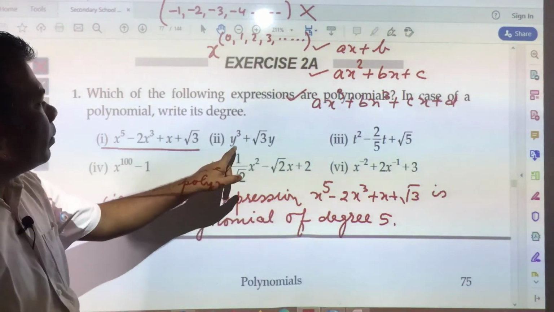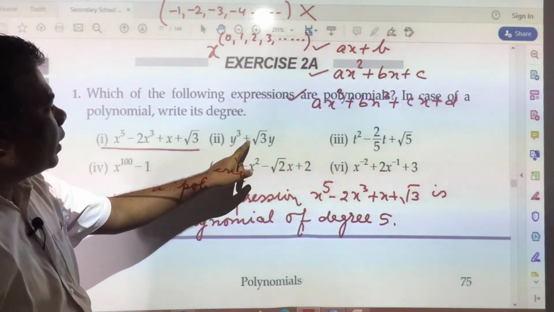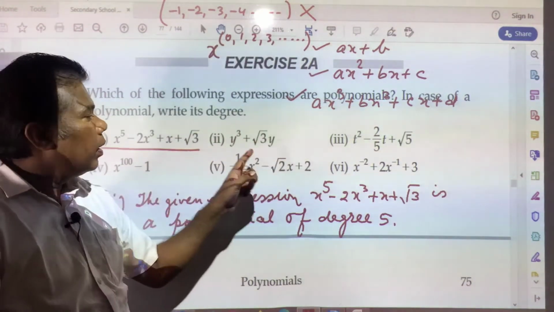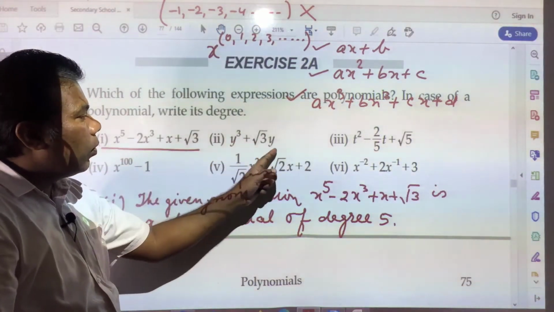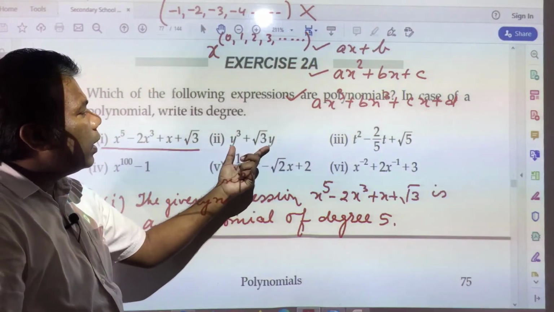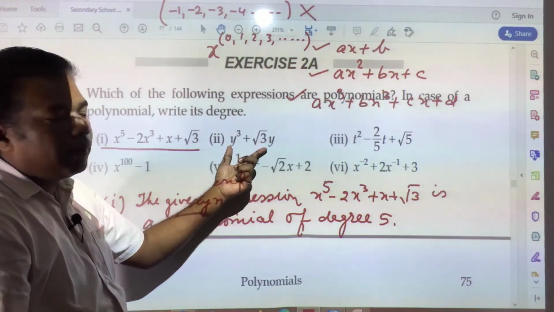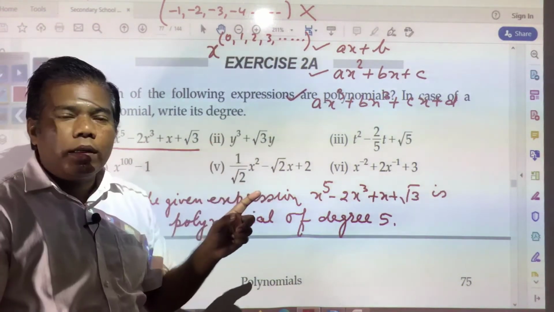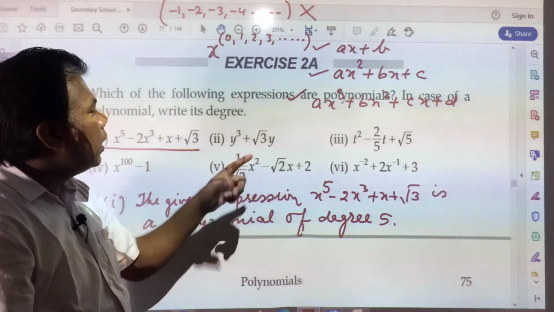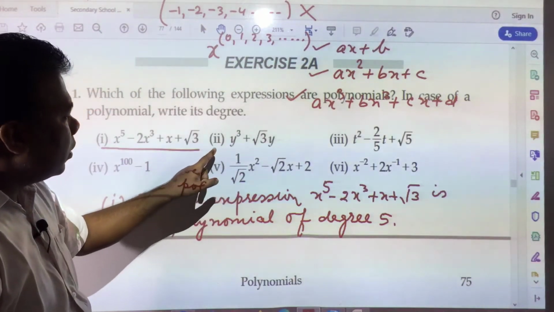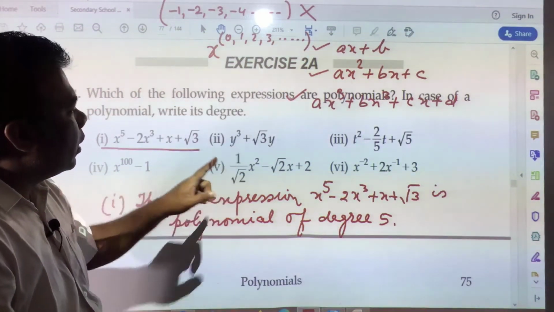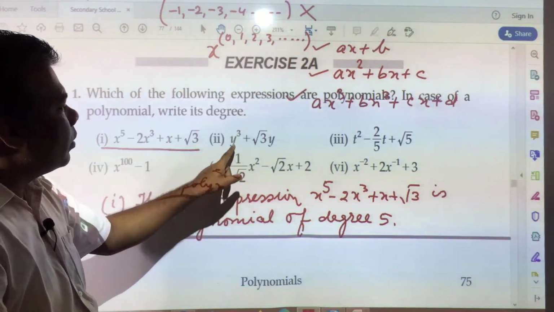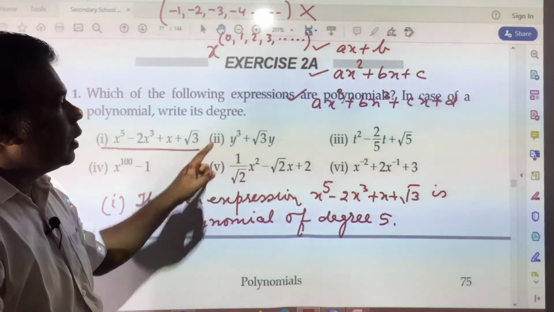Next question you see, y to the power 3 plus root 3y. Again you have variable y and the power is a positive whole number, y to the power 3 and y to the power 1. So, this is a polynomial of degree 3, because the maximum power is 3.